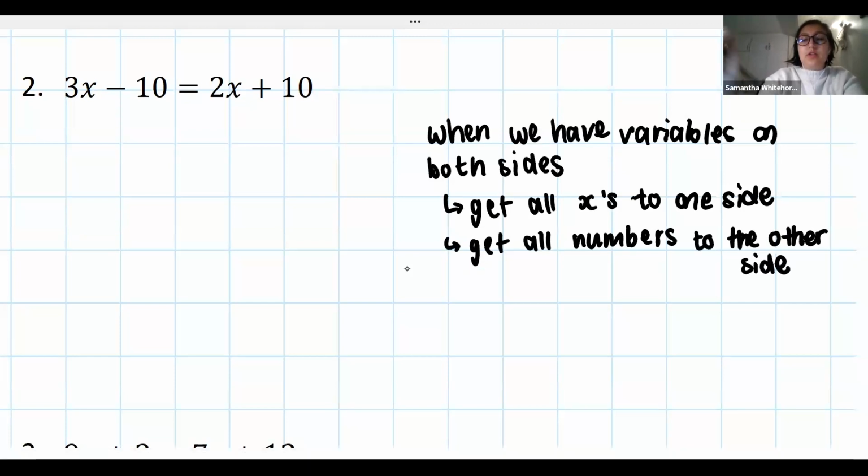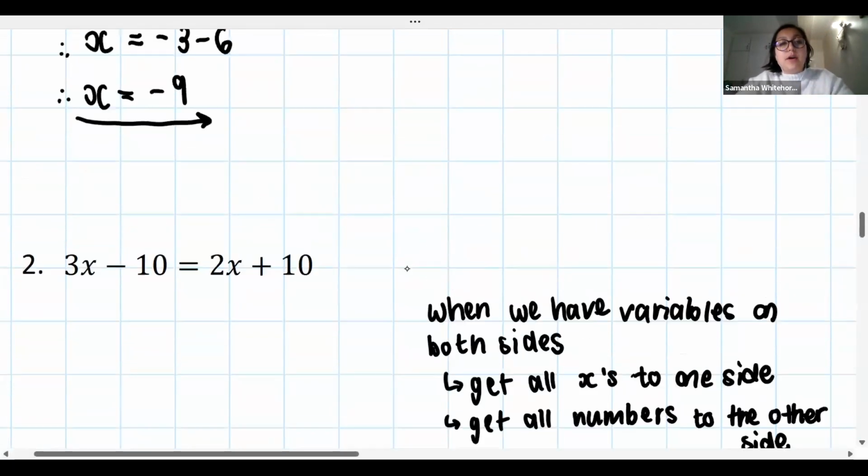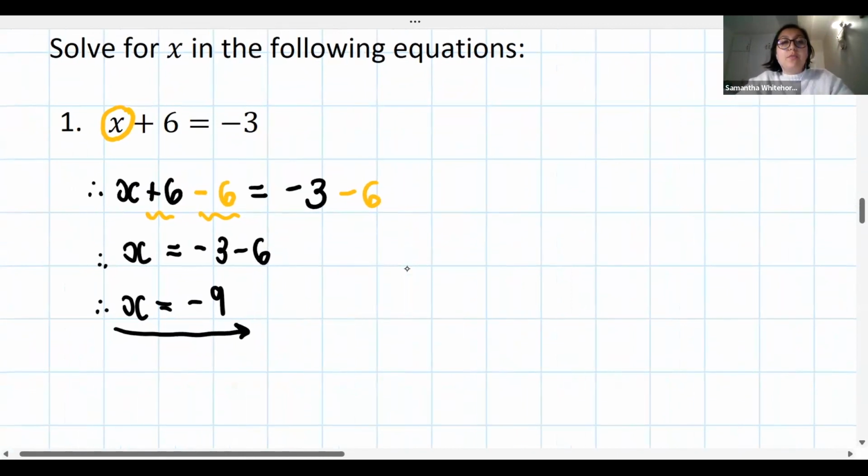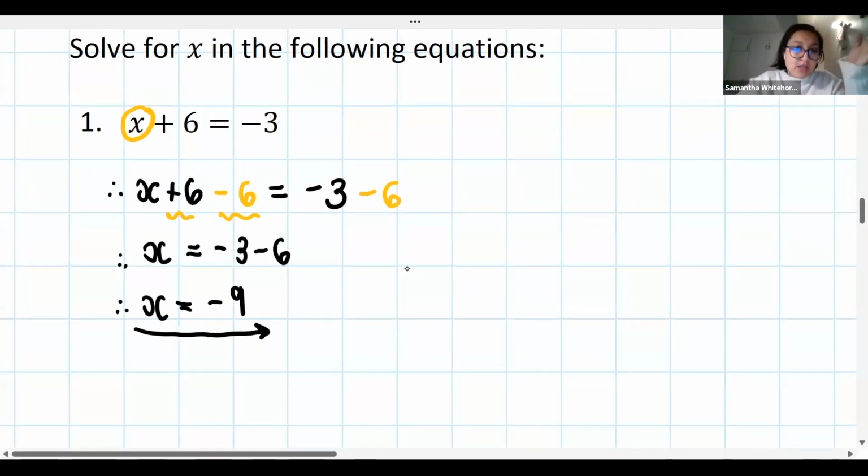Alrighty, so that is what we need to bear in mind when we have variables on both sides. Now, grade 8, what's really important is it doesn't matter which side you choose to put your x's and which side you choose to put your numbers. If we go back to the first question, generally we have x on the left equals some value.